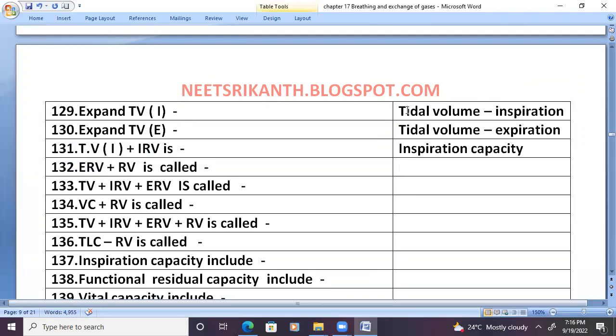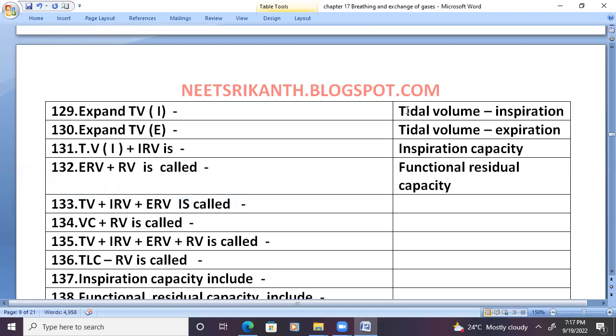ERV plus RV is called functional residual capacity. TV, tidal volume, plus inspiratory reserve volume plus expiratory reserve volume is called vital capacity.